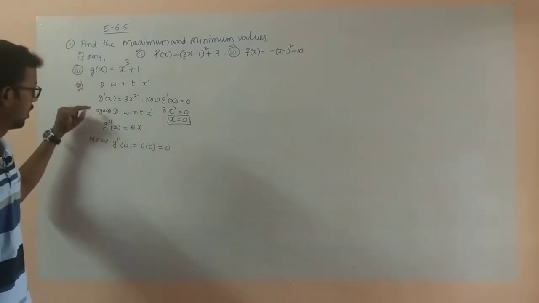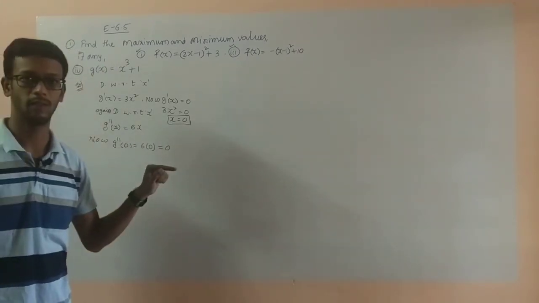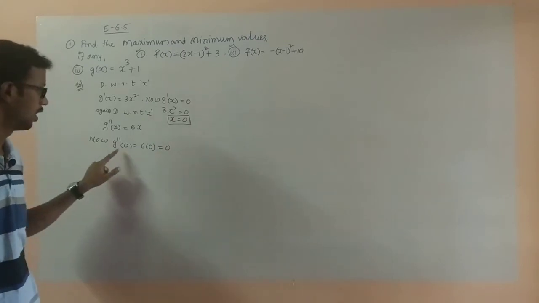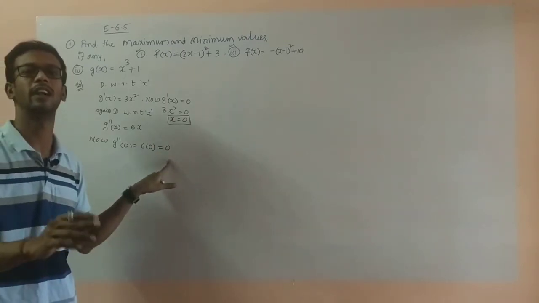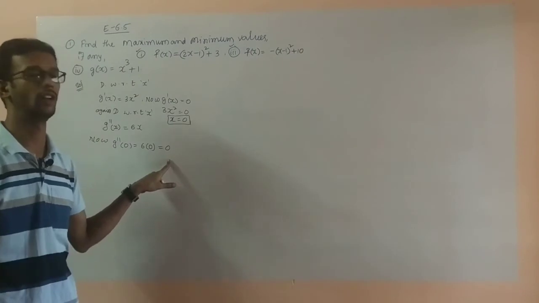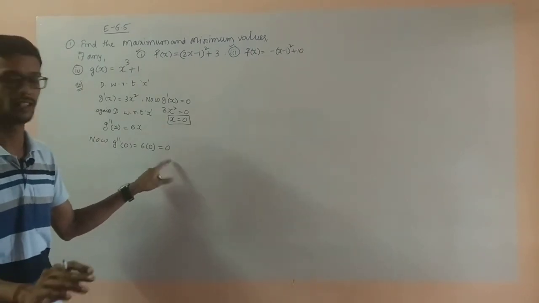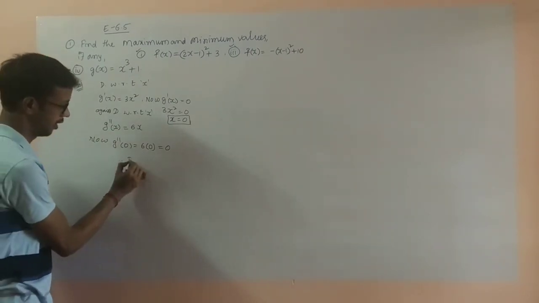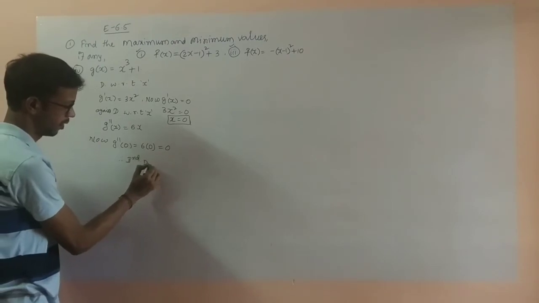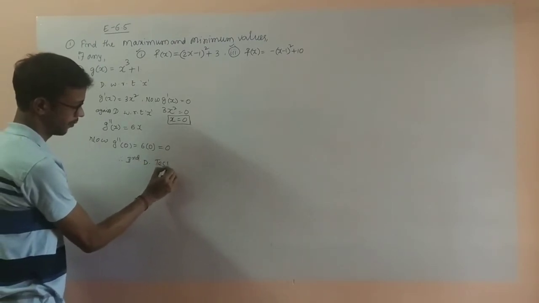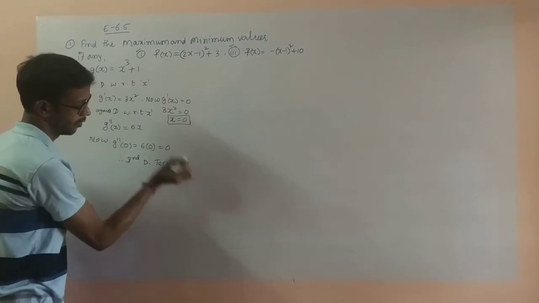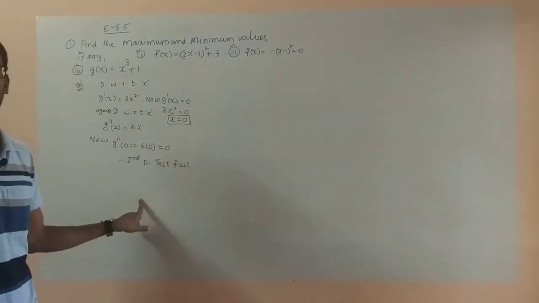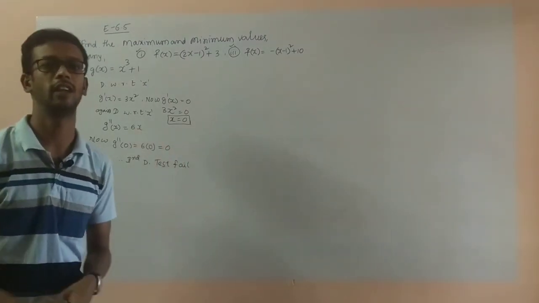We observe here, in the second derivative test, if f double dash of x is equal to 0, it means the test fails. Therefore the second derivative test fails. At this position we have to follow the first derivative test.